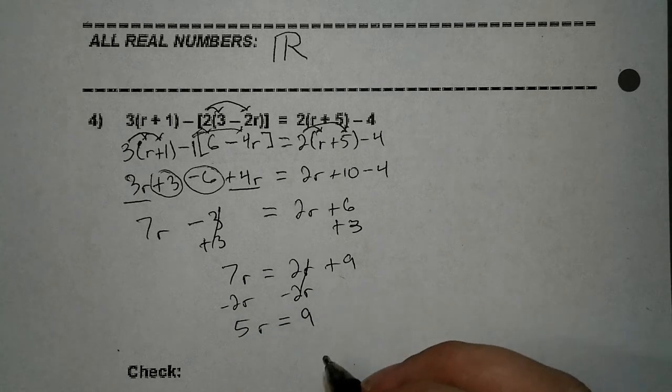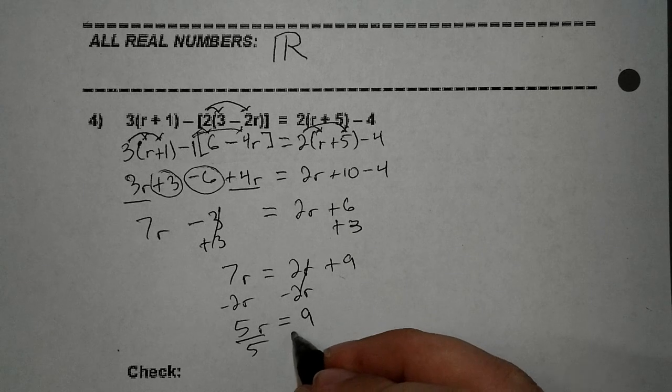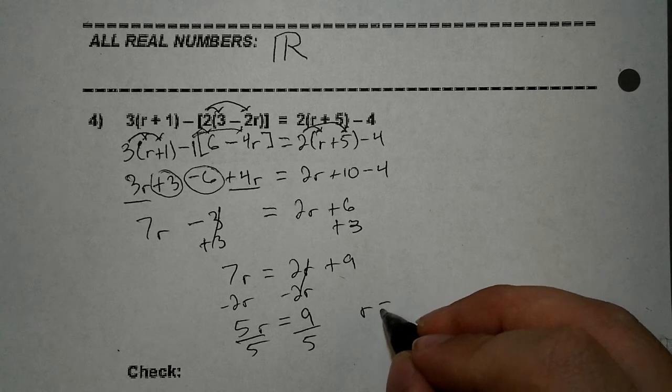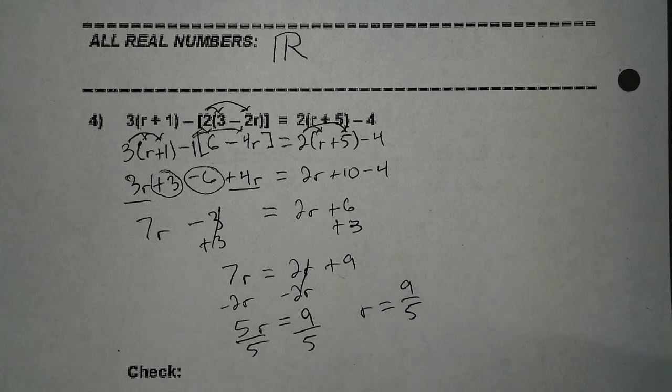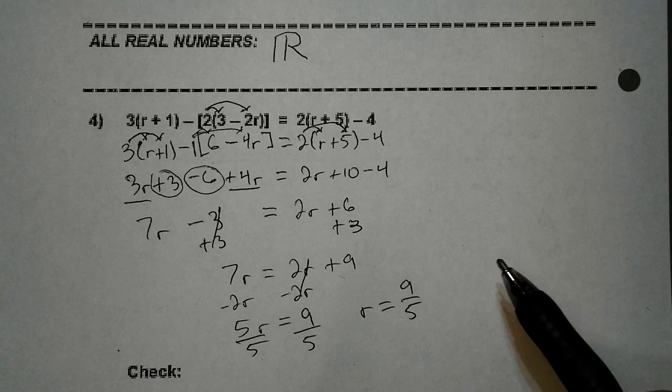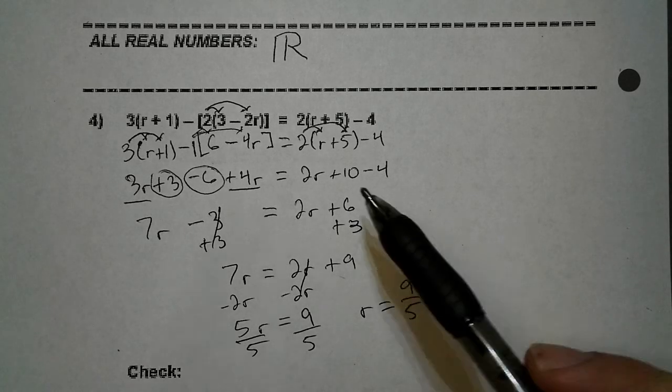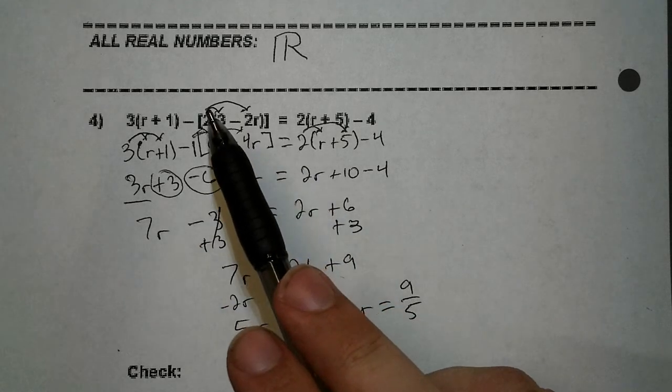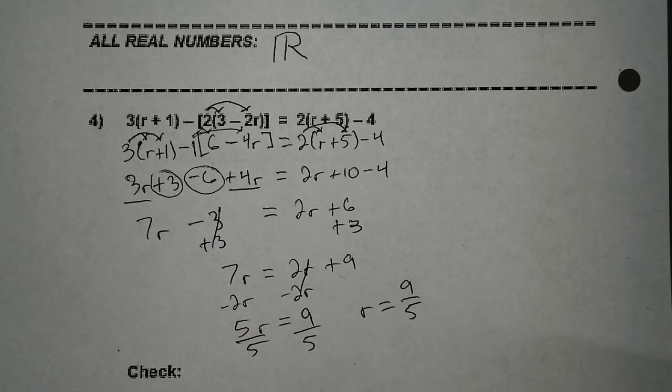And then the last step, I'm going to divide. Now r is equal to 9 over 5. Now yes, you can check this. Go ahead and put 9 over 5 every time you see r and see if this side still equals this side.